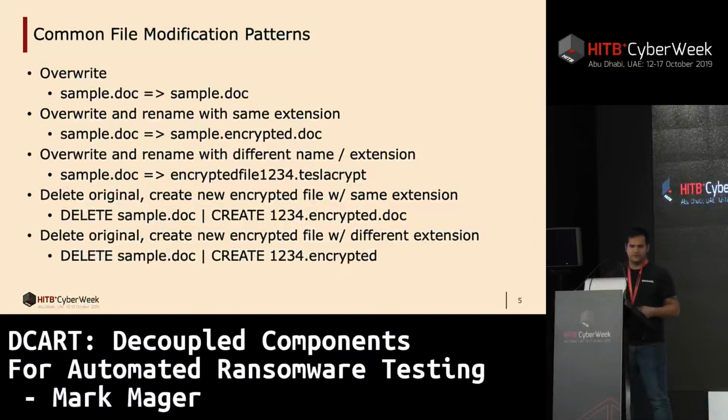The third pattern is an overwrite with a rename of the file to a different extension, usually a custom extension that pertains to that specific ransomware. Very similar to the first two examples that I just mentioned. And then the last two that you'll typically see are ones where the original document will be deleted and then a new file will actually take its place and be created, and sometimes with a completely different extension and different file name and everything like that.